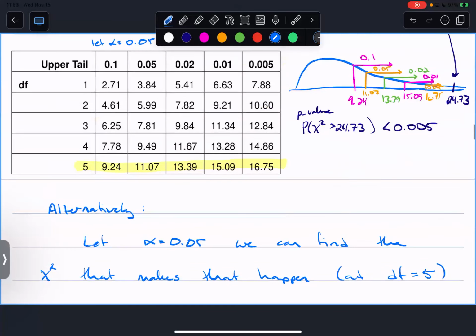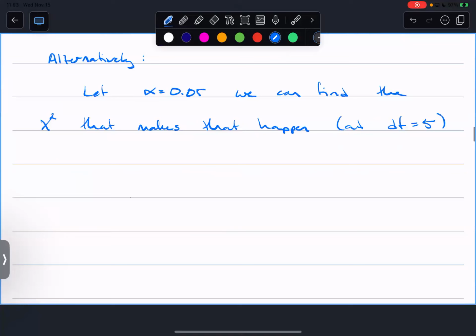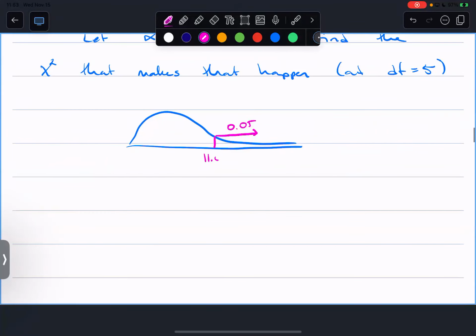So from here, if I force the area in the tail to be 0.05, that corresponds to a chi-squared of 11.07. So I can sketch that out. If I'm going to force this to be 0.05, this is at 11.07. Sort of confusingly, we call this a critical value, which we've already used in terms of our confidence interval, but the context will tell you that they're different.